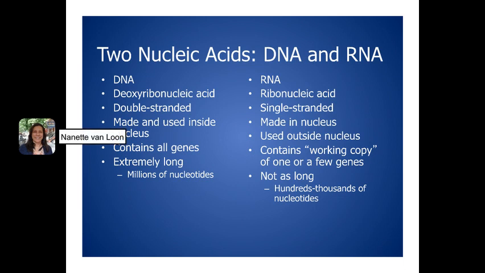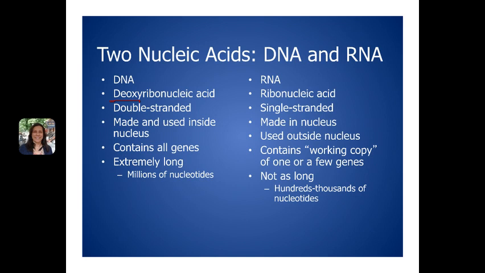Let's make a point-for-point comparison of the two nucleic acids, DNA and RNA. The acronym DNA stands for deoxyribonucleic acid, while RNA stands for ribonucleic acid. You can see that DNA is a modified form of RNA. It's just like RNA, but it is missing an oxygen somewhere, and we're going to see that a little bit later.